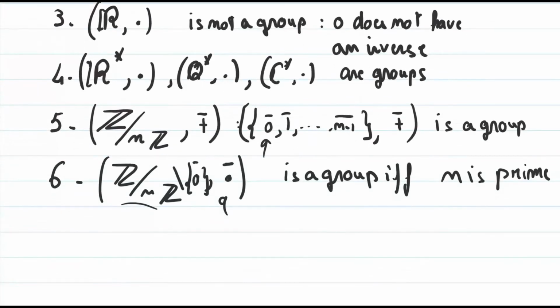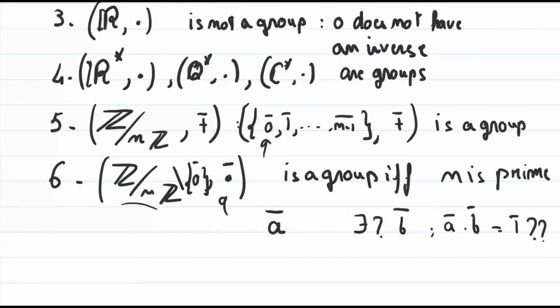In fact, if you take any a bar, let's say, in this set, so a is some integer between 1 and n minus 1, the question is, does there exist a b bar in the same set such that a bar times b bar is 1 bar? The thing is that a is between 1 and n minus 1. And if n is prime, I'm doing one direction of the proof now.